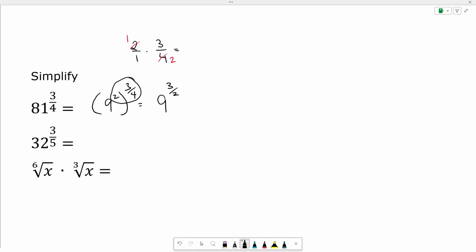9 is really just 3 to the second power. So I can go through and do this again. So I'm going to take and multiply these two together again, right here. So I'm going to have 2 over 1 times 3 over 2.